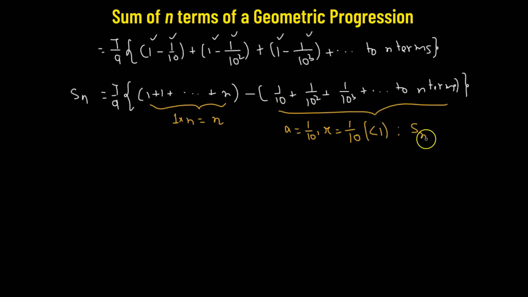So we can use the formula for Sn, the sum of the n terms of a geometric progression, which is given by a times 1 minus r raised to the power of n, divided by 1 minus r. So let's use this formula.